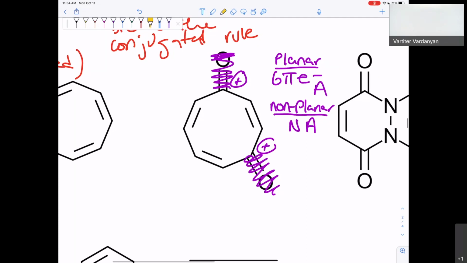So it's going to choose to suffer a tad and be aromatic. The scientific reason for that is the added stability from being aromatic makes up for the instability of being planar.